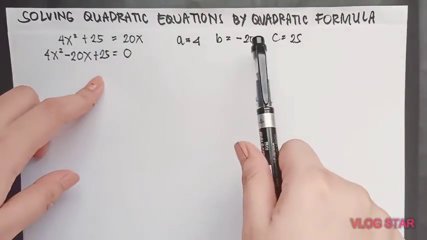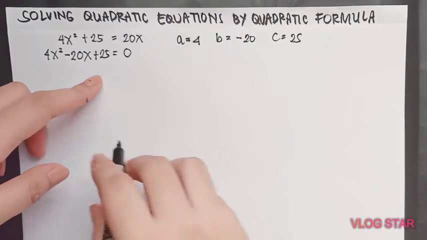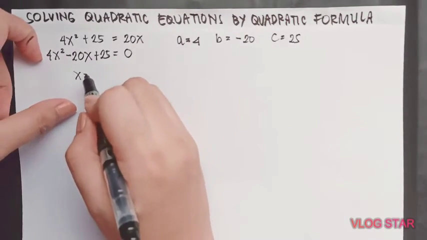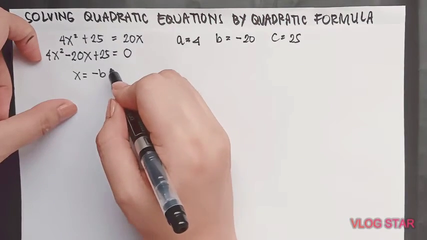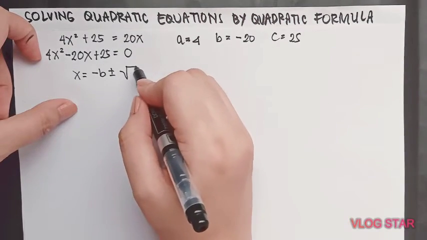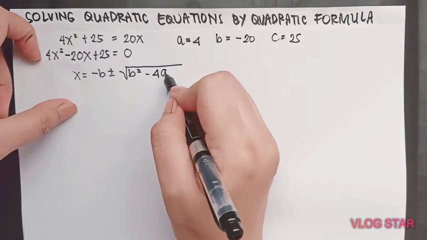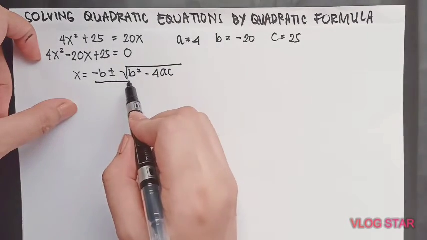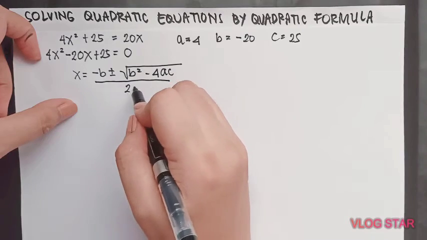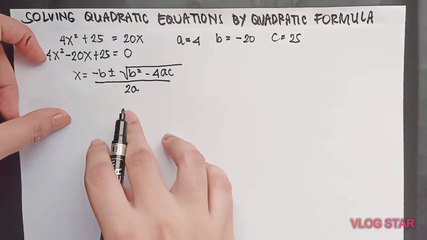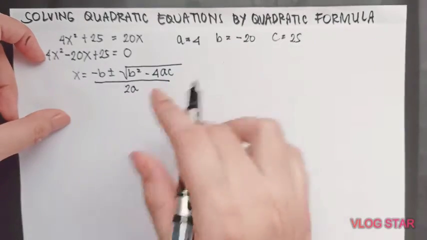And again, we will be using the quadratic formula. So again, the quadratic formula is x equals negative b plus minus the square root of b squared minus 4ac all over 2a.